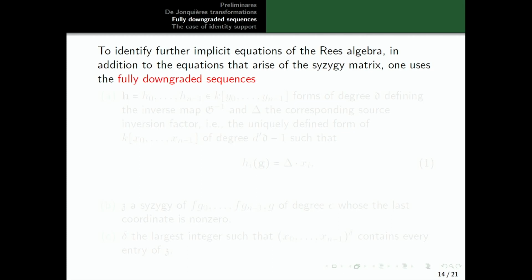To identify the implicit equations of the Rees algebra, in addition to the equations that arise from the syzygy matrices, one uses the fully downgraded sequences.